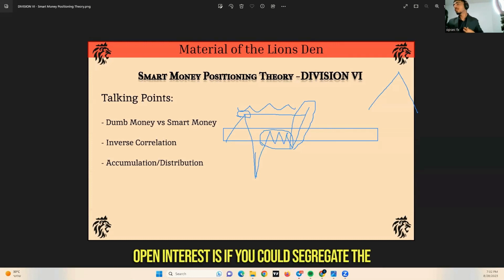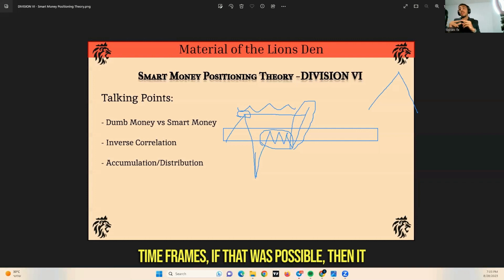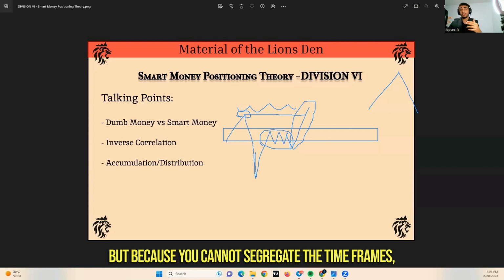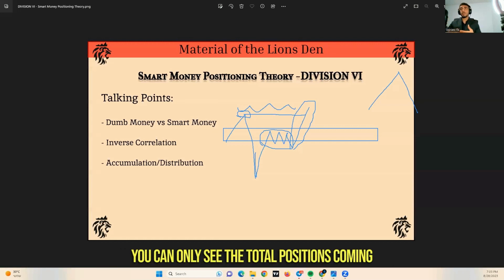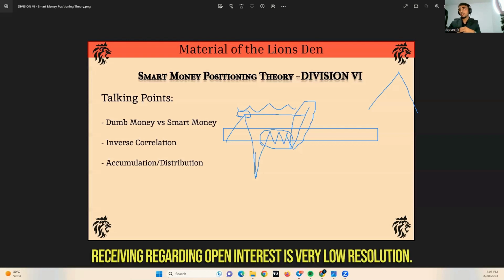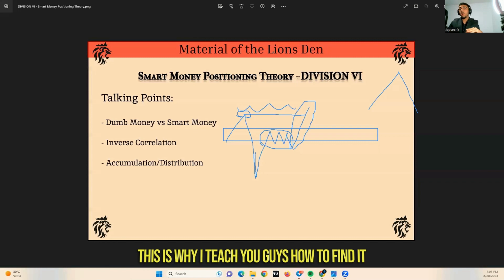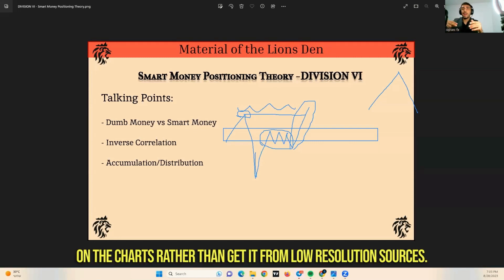Open interest, if you could segregate the time frames, would be different among each time frame. But because you cannot segregate the time frames, you can only see the total positions coming into the markets, the data we are receiving regarding open interest is very low resolution. This is why I teach you guys how to find it on the charts rather than get it from low resolution sources.